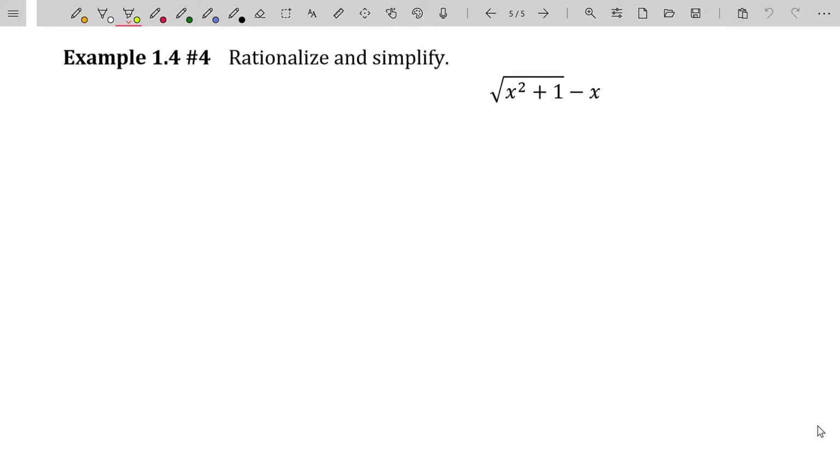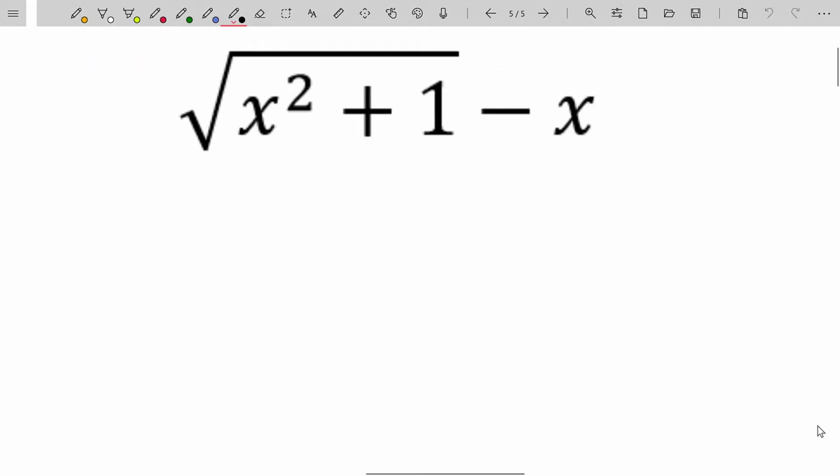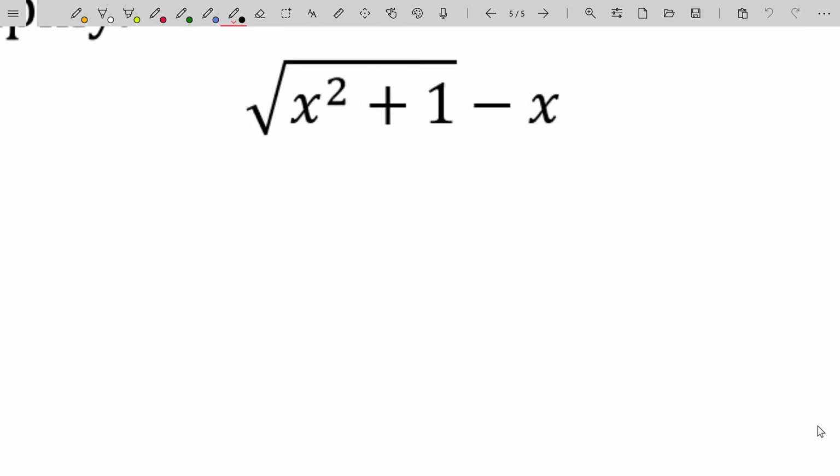As the second and final example in this review video, we're going to go ahead and rationalize a statement that doesn't look like it can be rationalized, but again, very common to run into this style of statement in calculus. This expression can actually be rationalized. It would be considered as a rationalizing of the numerator when you do that. There's a little hidden 1 down underneath all of this stuff.